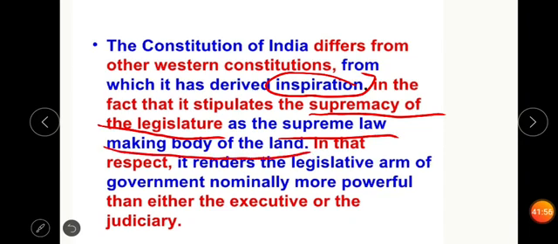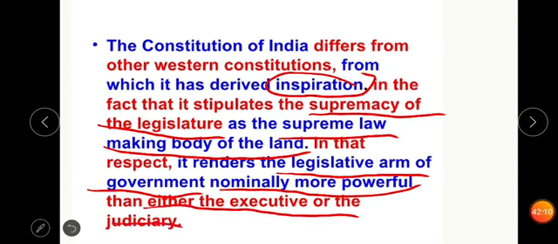In that respect, it renders the legislative arm of the government nominally more powerful than either the executive or the judiciary. So it provides power to all the different bodies or organs of the government.